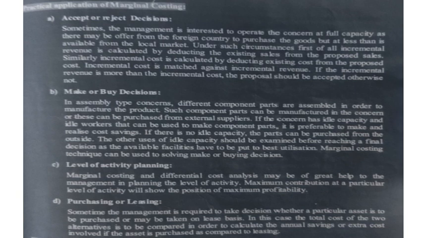We will look into the different sales levels, 60, 40, 50 and 40, which will give you a better return. If producing 40 units gives you better profit than producing 60 units, you will select 40 units. This is the level of activity planning, which helps you see which gives the maximum contribution, that is, maximum profitability.